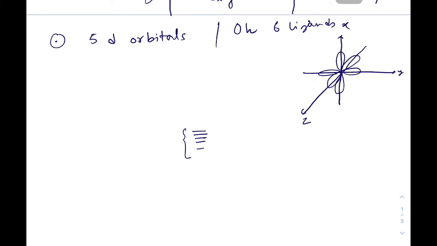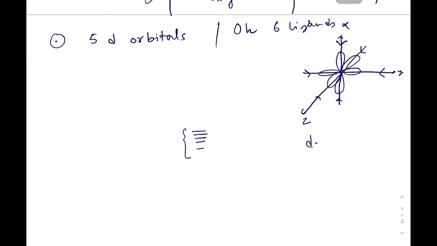So 6 ligands approach from 6 directions. One is from there, this, and so there are 6 directions. The lobes along the axes are repelled more by the ligands compared to the lobes that are in between the axes.